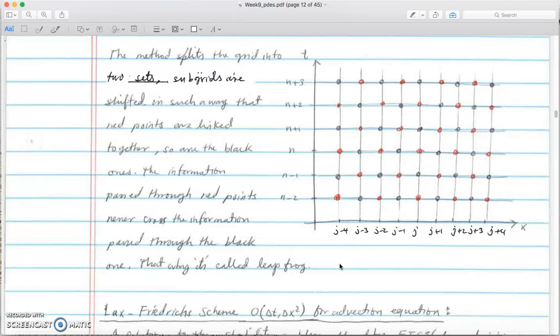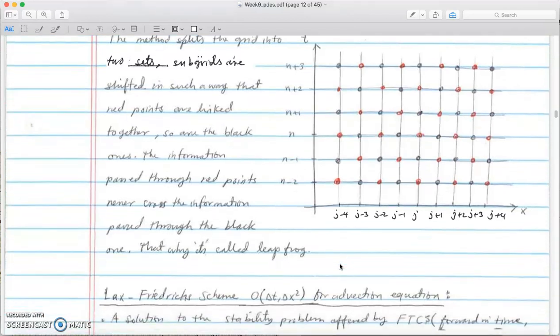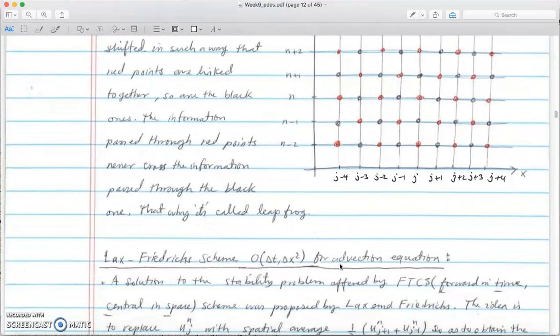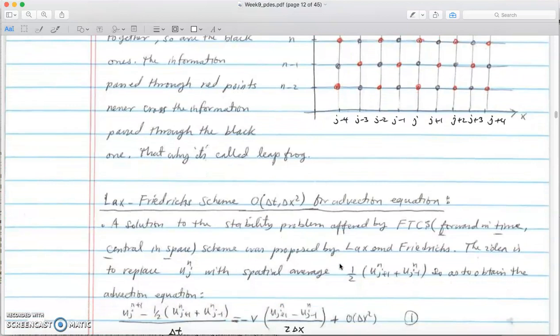So so far we looked at central difference in time and central difference in space, and we saw that this is conditionally stable. Now, to improve this method, two people came about and proposed a different method called Lax-Friedrichs.